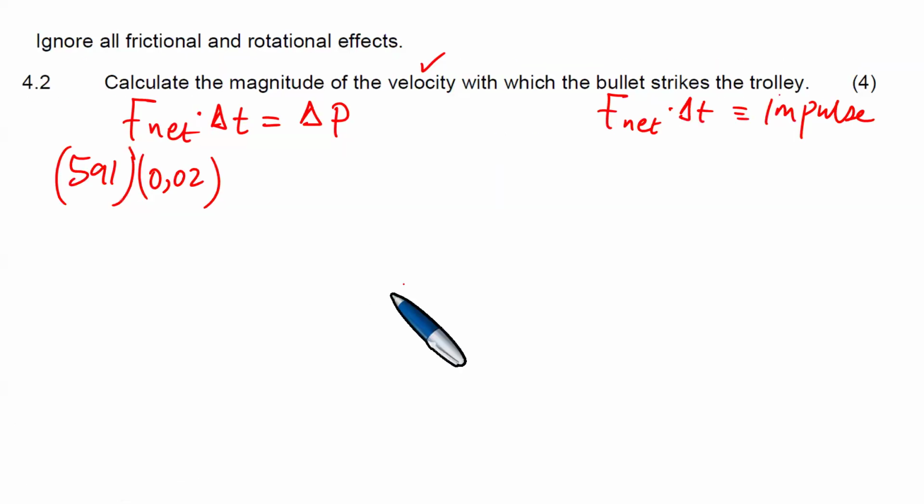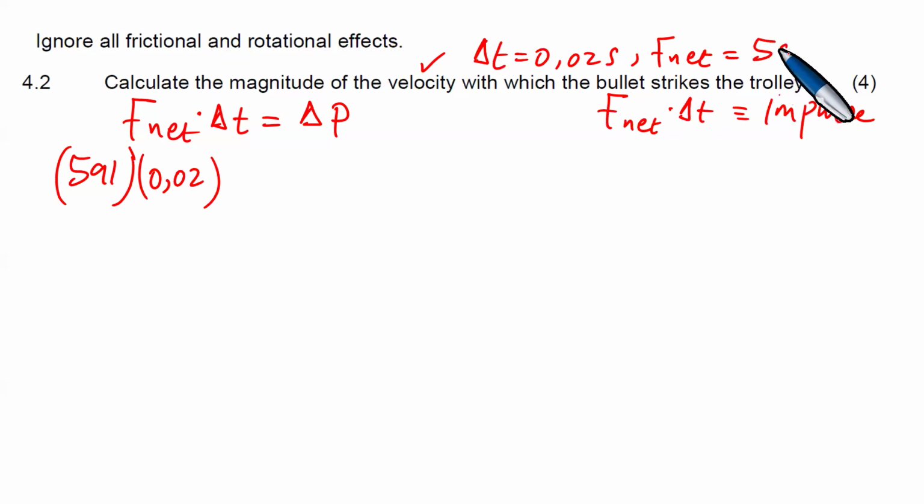So the change in time is 0.02 seconds, and F net is equal to 591 newtons. These are pieces of information you need to write down.